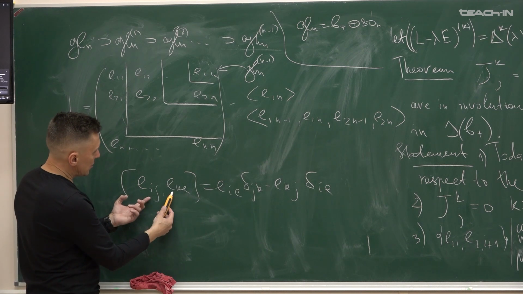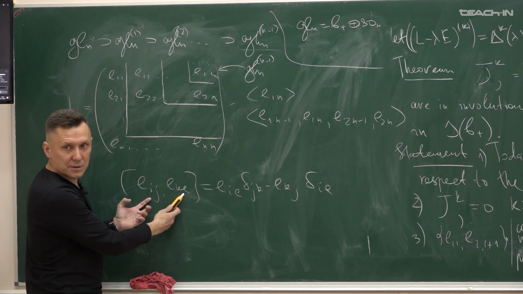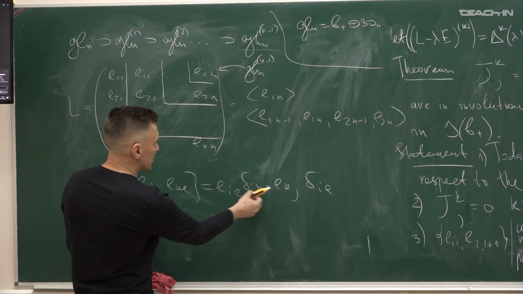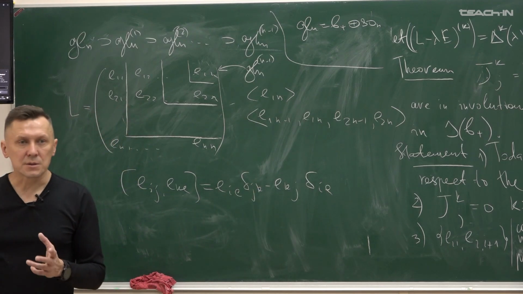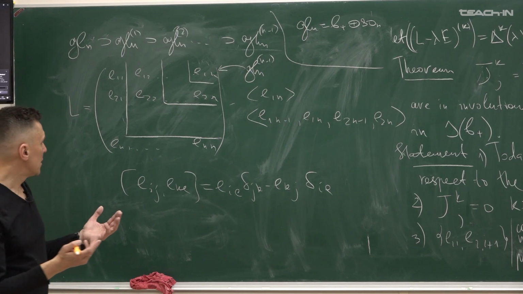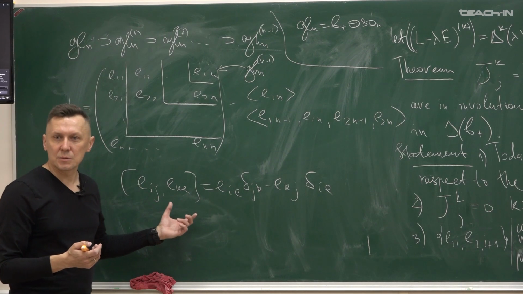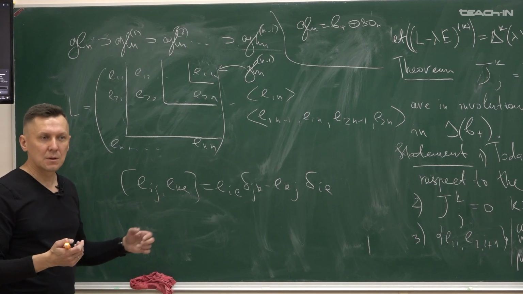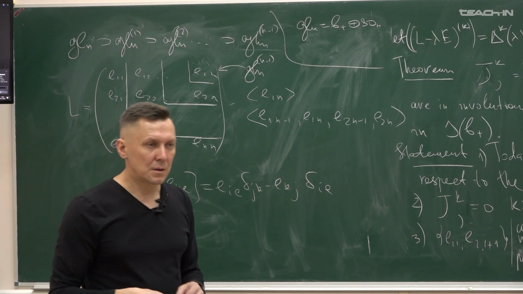So if you have two elements in the rectangle, the element here is also in this rectangle, because the indices are always the same.